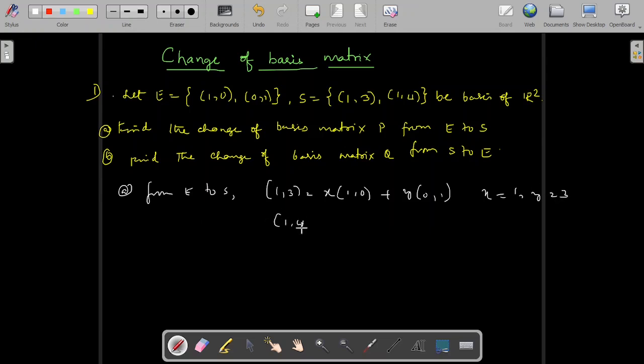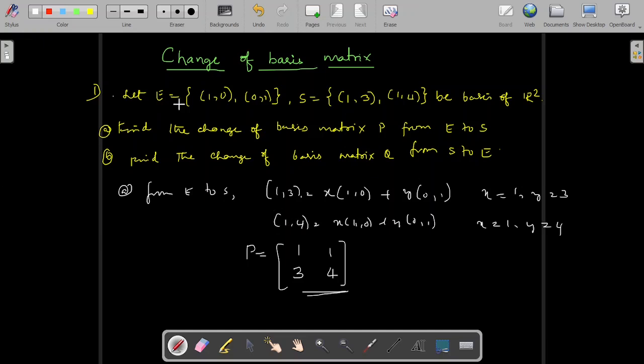Similarly, (1, 4) is written as x times (1, 0) plus y times (0, 1). This implies x equals 1, y equals 4. Now you have to write these coordinates. Coordinates of (1, 3) with respect to this basis is (1, 3) itself. You write them column-wise, (1, 3) and (1, 4). This gives you the matrix of change of basis from E to S.